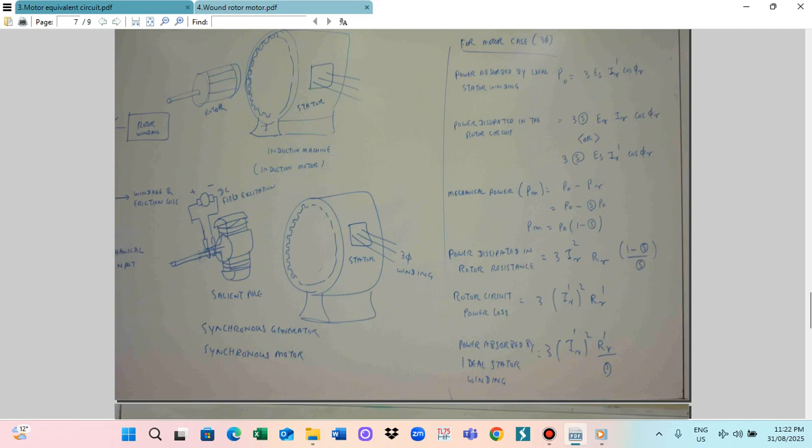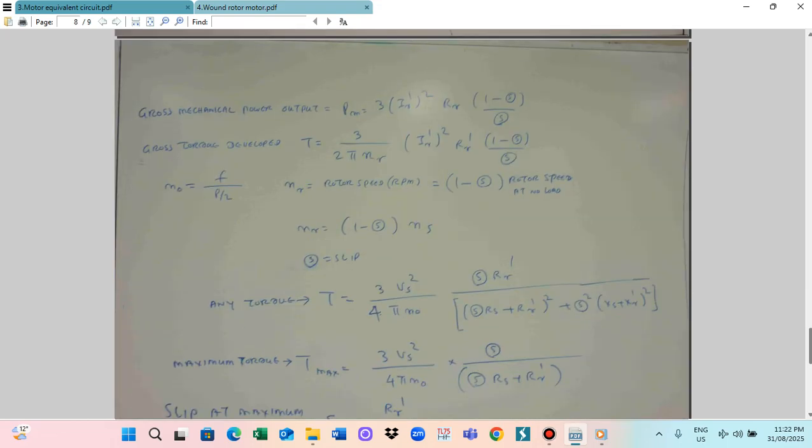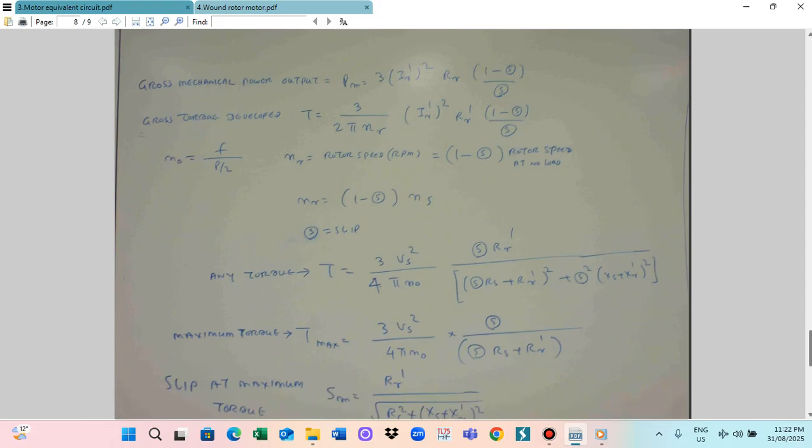The rotor circuit power loss is 3 Ir'² Rr', and the power absorbed by the stator winding is 3 Ir'² Rr'/s. The gross mechanical power output is 3 Ir'² Rr' (1 - s)/s. The gross torque developed is 3/(2π Ns) multiplied by Ir'² Rr' (1 - s)/s. Those are the calculations of the torque and the power.